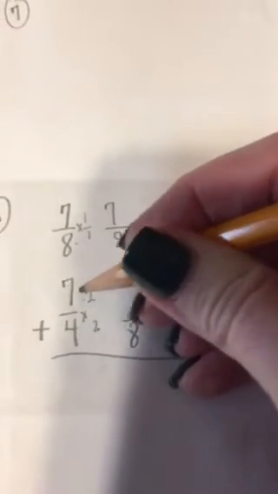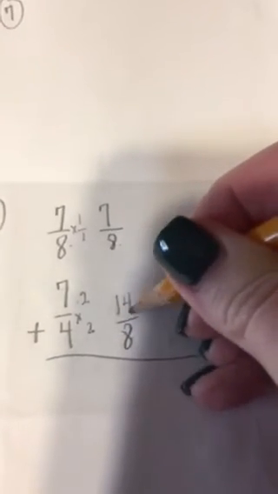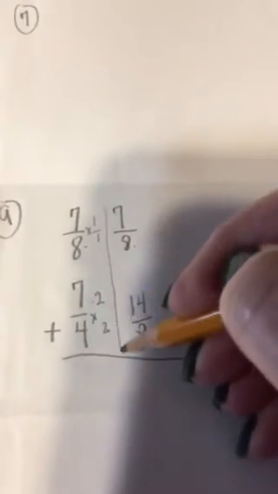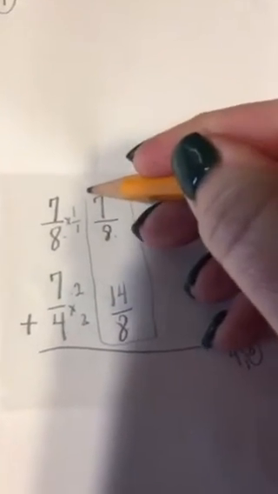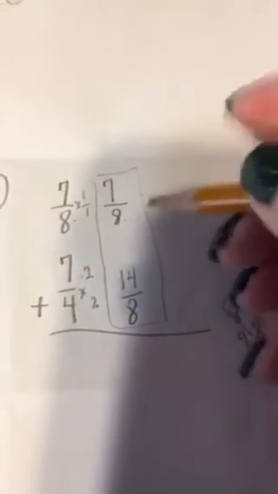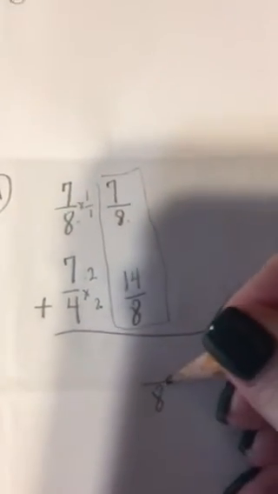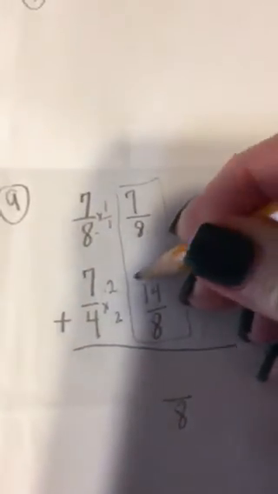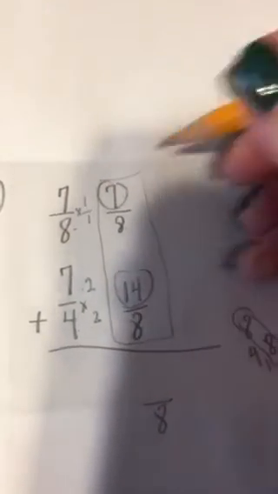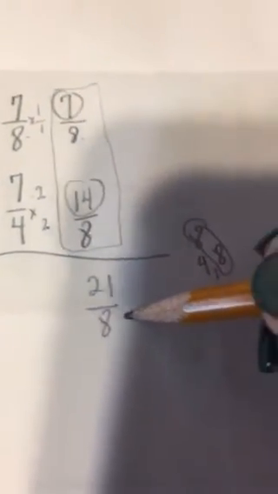And 7 times 2 equals 14. Now I have my 4th grade problem. It's doable now. My denominators match, so we'll copy that. We will add 7 plus 14, add it up, 21. I don't have a whole number, so I end up with 21/8.